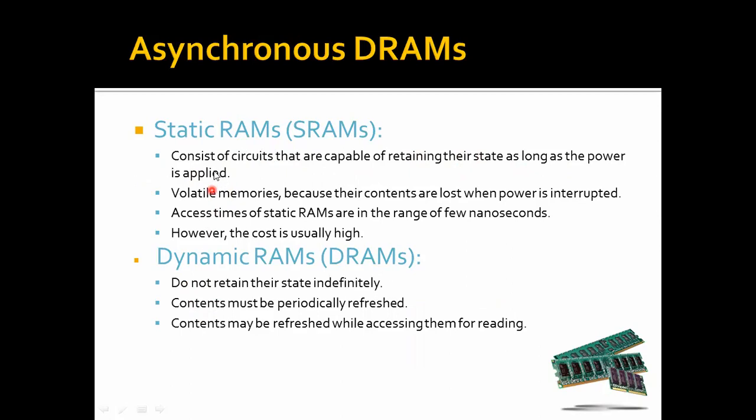As long as power is applied, the data will be there. That data will be stored in the static RAM. These are volatile memories because their contents are lost when the power is interrupted. Access times of static RAMs are in the range of a few nanoseconds. The cost will be high.